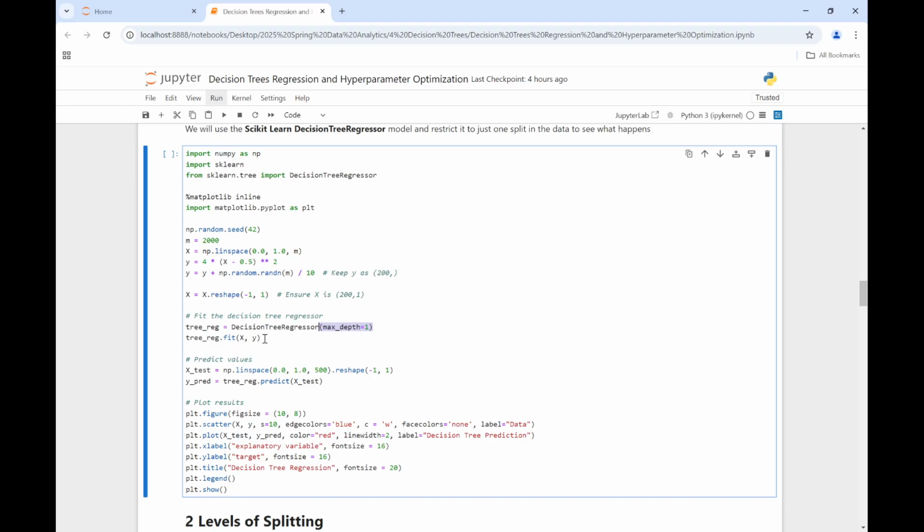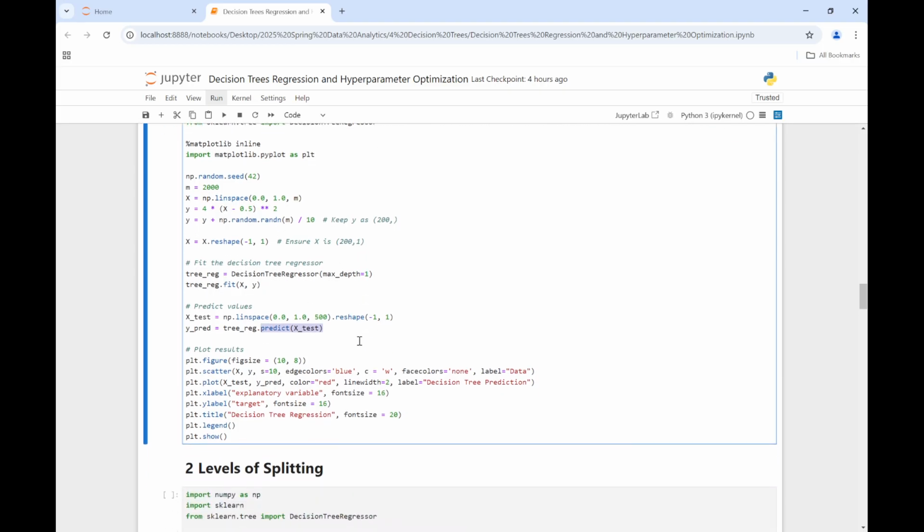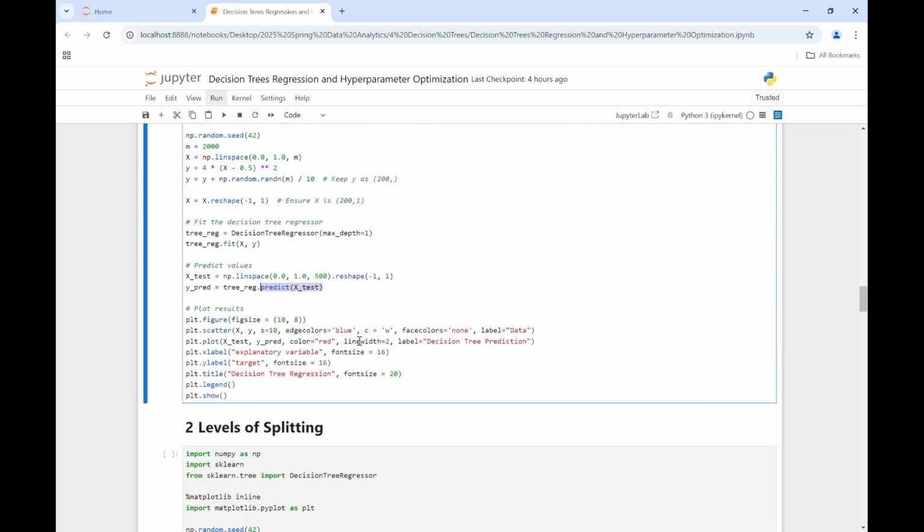I'm going to fit this model to my data set, and I'm going to choose some test data, and make predictions on that test data. And finally, I'm going to plot the test data as well as my model predictions. Let's see how well the decision tree regressor with one split does.